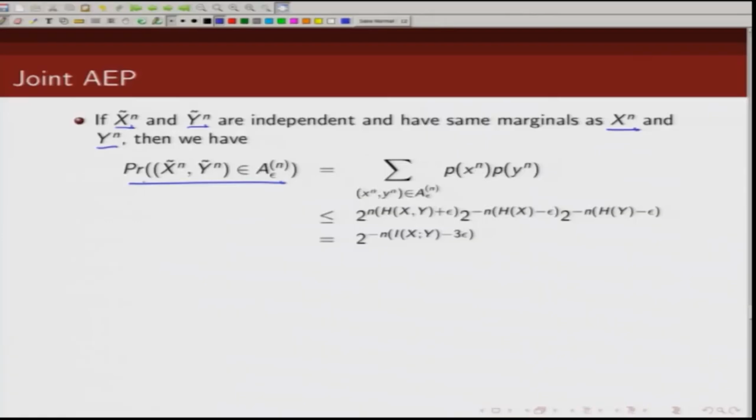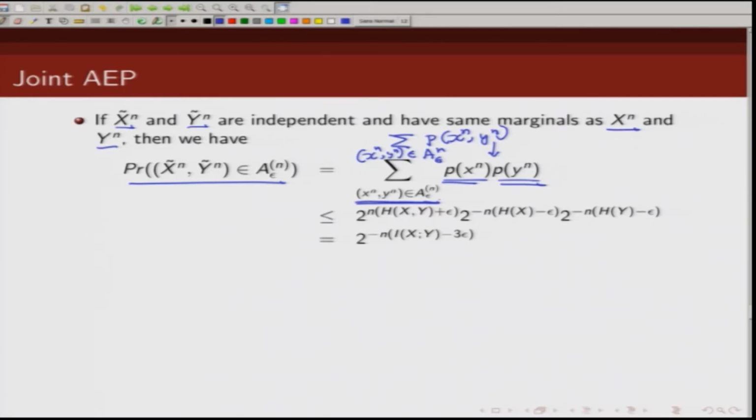Now this probability can be evaluated since x^n tilde and y^n tilde are independent. So we can write this summation of p of x^n y^n summed over this jointly typical set. We can write this as a product of these, right? And we are summing up over this jointly typical set.